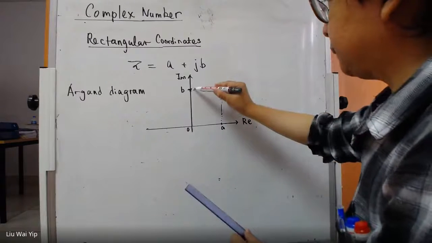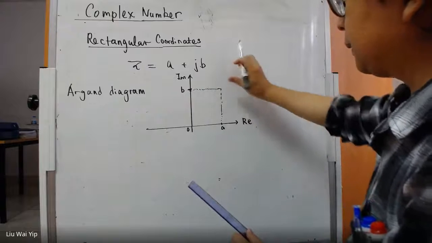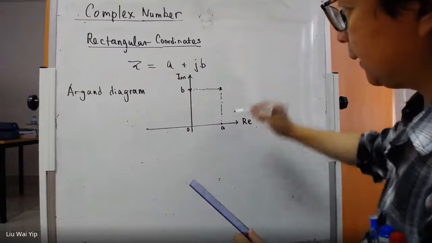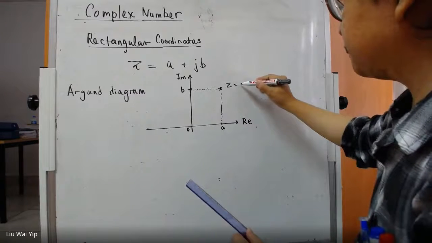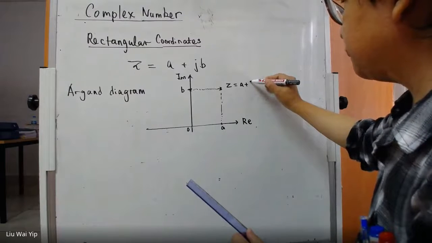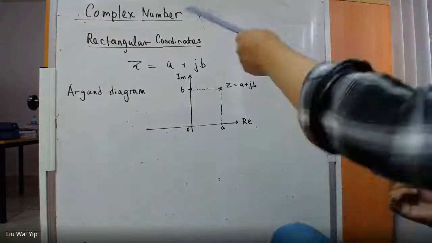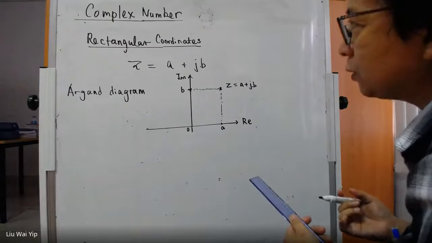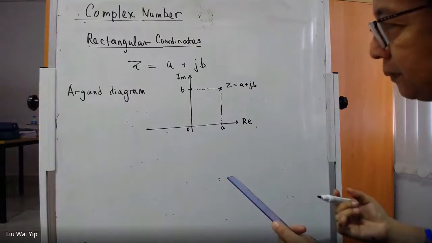You do a projection, and we end up with a point somewhere between these two axes. This point is the so-called Z. So this is all about the rectangular coordinates representation of a complex number Z.